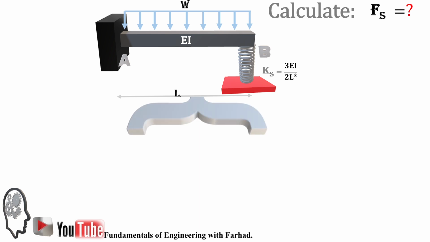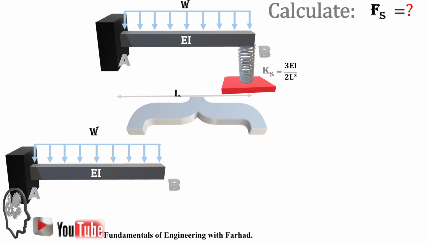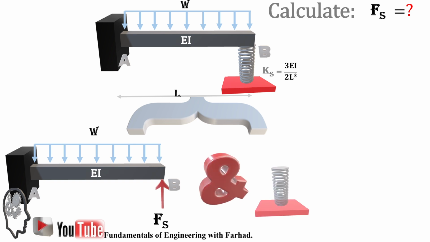In such a problem, we can dissect our problem into two parts, the beam part and also the spring part. The key to this problem is that the same Fs with opposite direction applies to beam and spring. So if the beam pushes the spring down by the force of Fs, which develops in the spring, the same force based on Newton's law applies in the opposite direction to the beam.